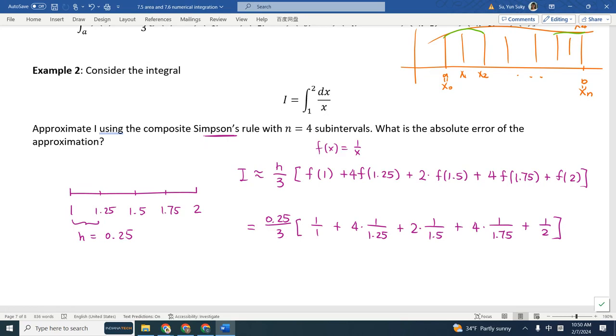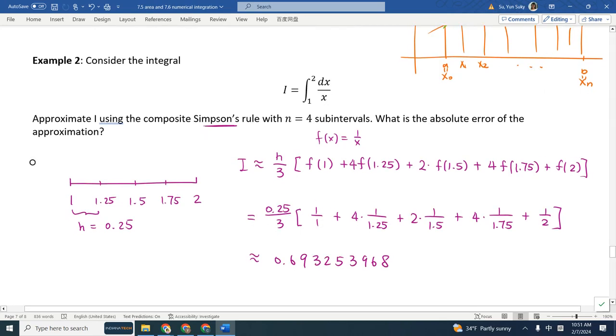What's the answer? 0.69325396. Thank you.